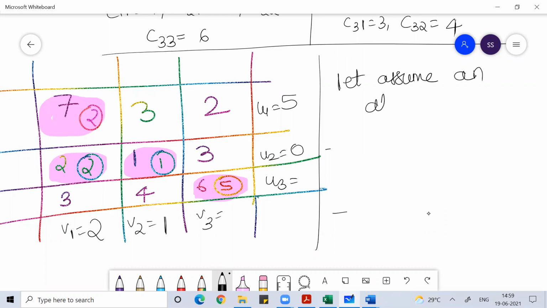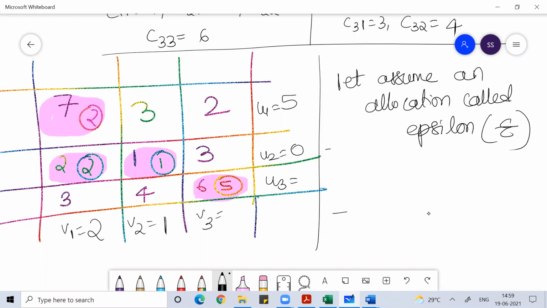Let's assume an allocation called epsilon, and we'll put this epsilon on the minimum cost value. Where is the cost value minimum? So let's assume an allocation called epsilon, which you put on the minimum cost value.